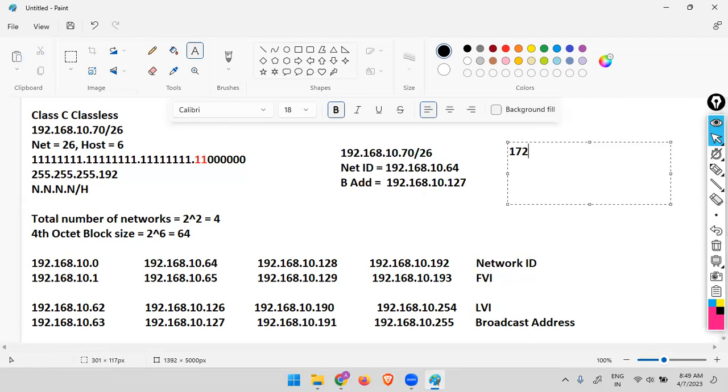Okay, what if it is 172.173.174.175/26? Network ID and broadcast address. 128. Okay, 172.173.174. Let me copy this. Dot 128, and the broadcast address will be 190. Clear? Okay.